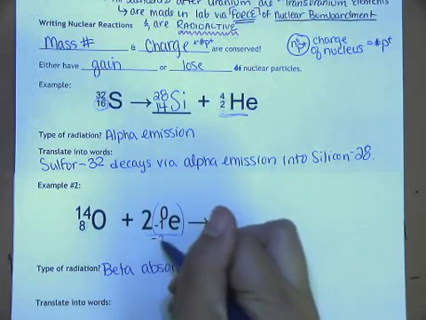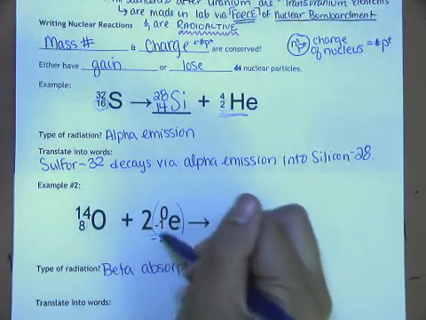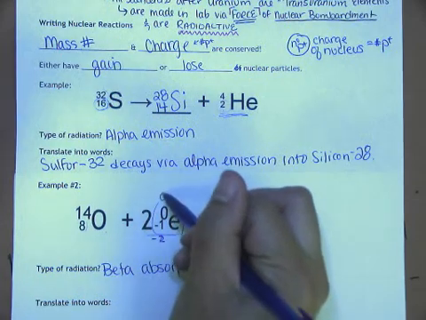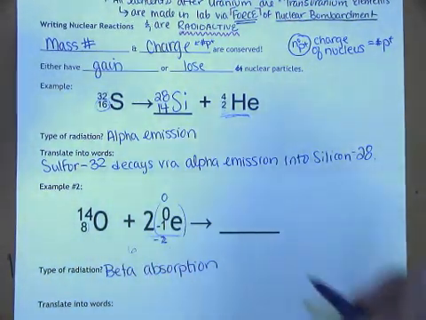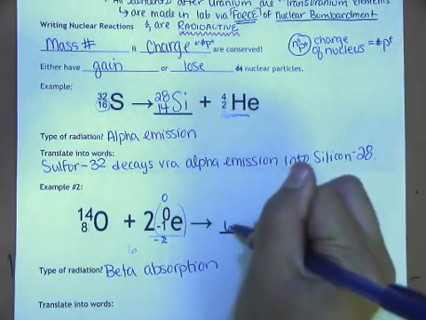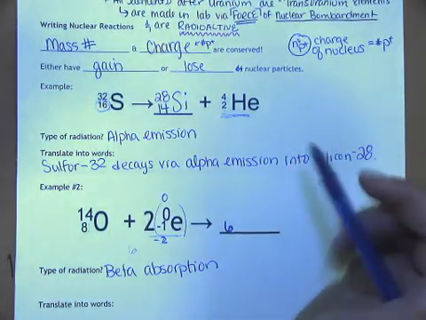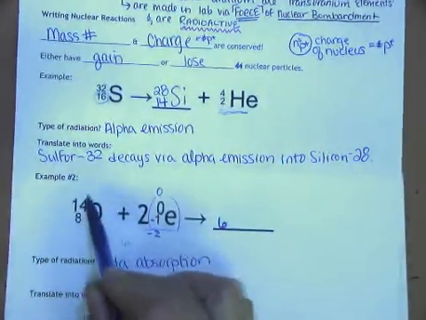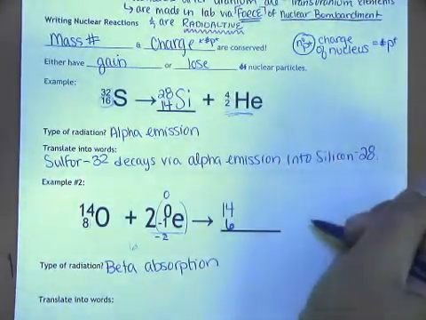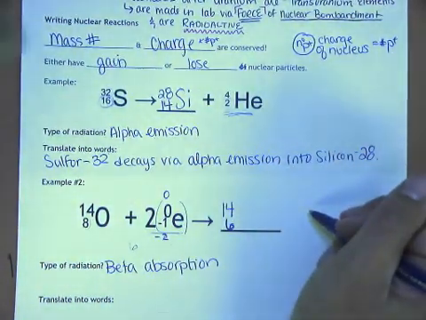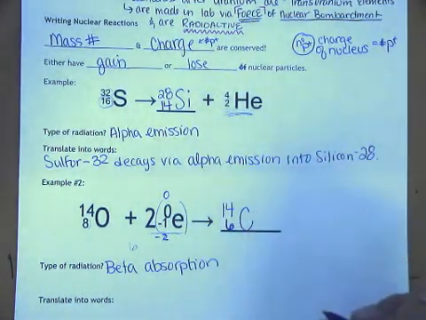That means my charge at the bottom is -2. So 2 times 1 is -2. 2 times 0, still 0. So 8 minus 2 is 6. So on the right, I also have to have 6 for my charge. On the left, my mass number is 14 plus 0 is still 14. And I look on the periodic table, number 6 is carbon.